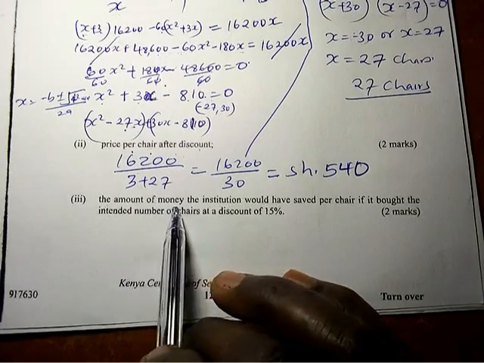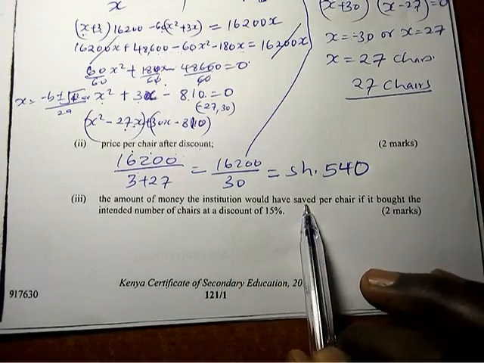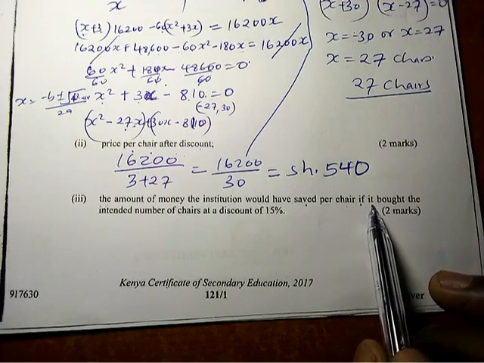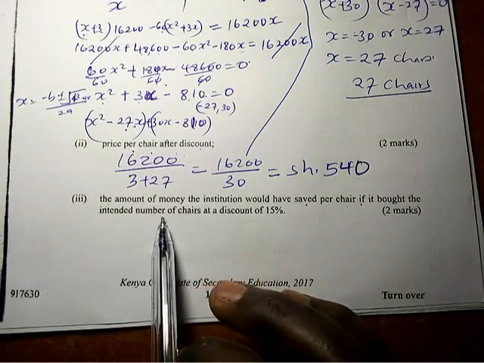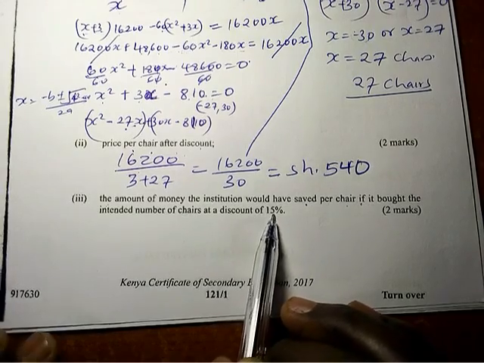The amount of money the institution could have saved per chair if it bought the intended number of chairs at a discount of 15 percent.